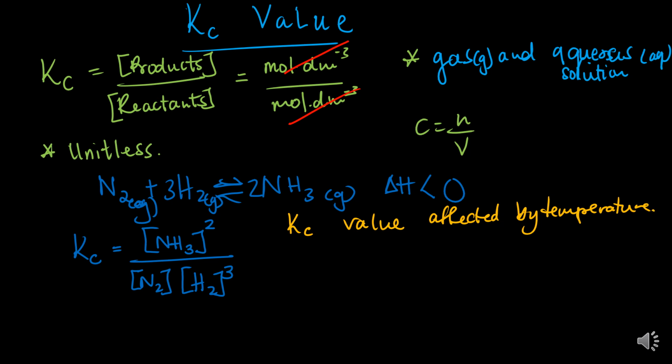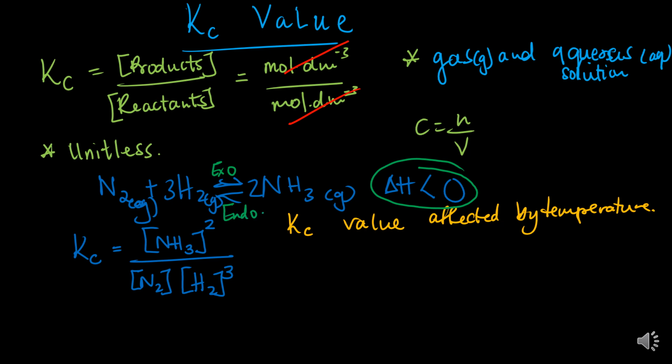Then the question becomes, how do you know whether the Kc value is going to increase or decrease? You know it by checking the type of reaction you have. Is it exothermic or endothermic? In this instance, since I'm given delta H is less than 0, the forward reaction is exothermic and the reverse is endothermic, right?